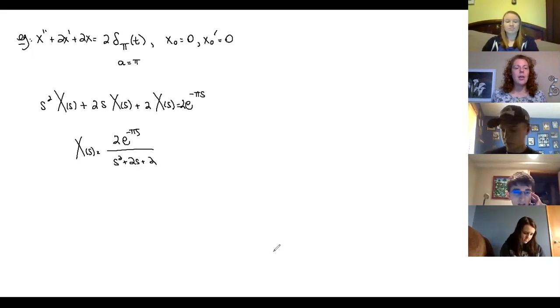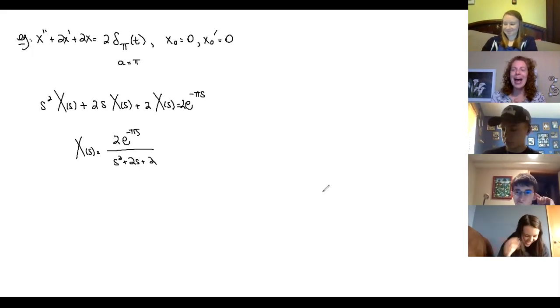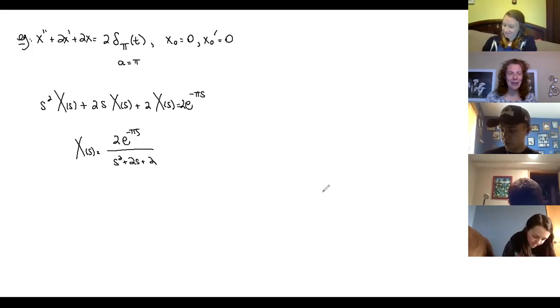All right. So the bottom does not factor. Sorry, that's sad. Can't use partial fractions. Need to complete the square. So we're going to have to complete the square in the denominator. Don't make faces at me, I can see them virtually. Go ahead and complete the square in the denominator. Do that, see what you come up with.